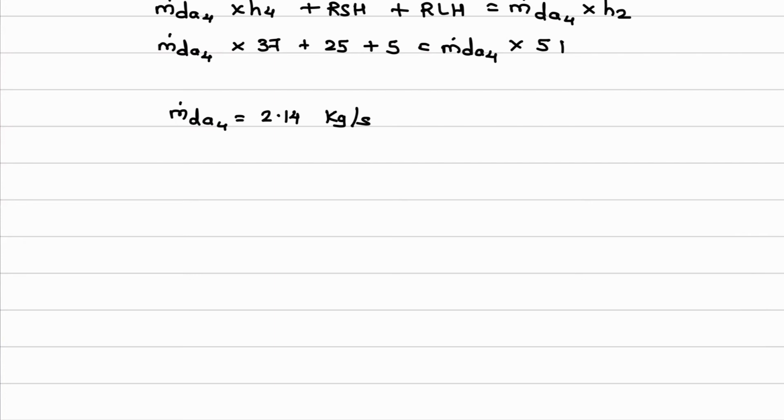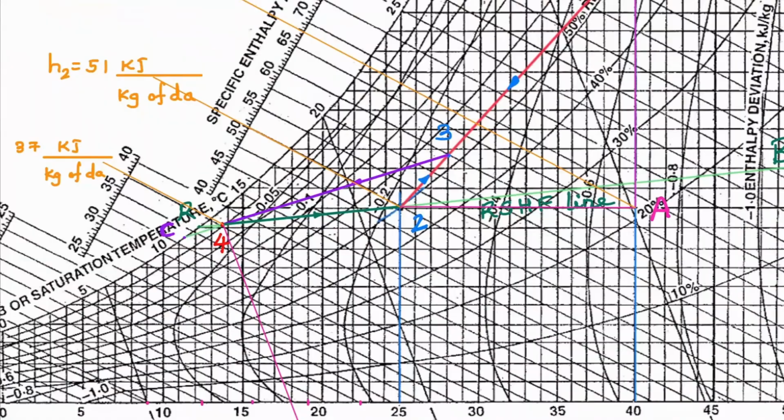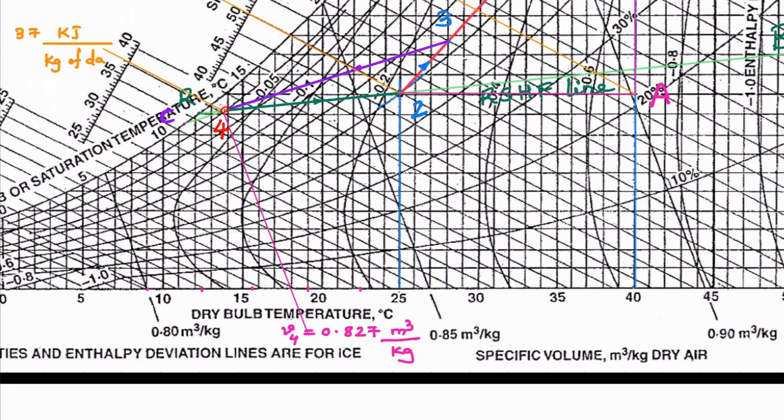Okay, for that we require specific volume of point 4. That we have to read from the psychrometric chart. So go back to the psychrometric chart. This is point 4 location. These are specific volume lines. This line is 0.8 meter cube per kg and this line is 0.85 meter cube per kg of specific volume.